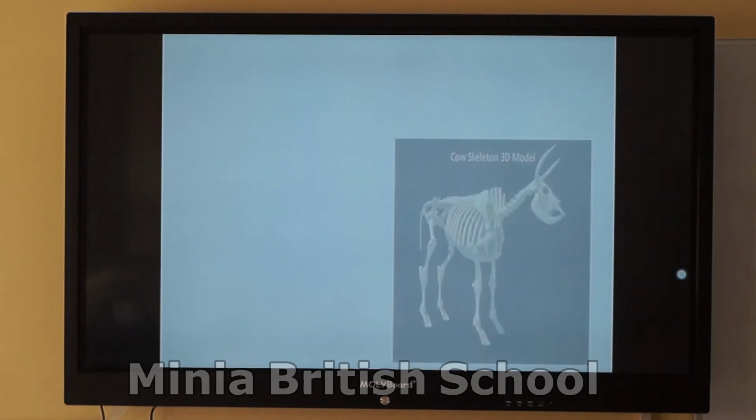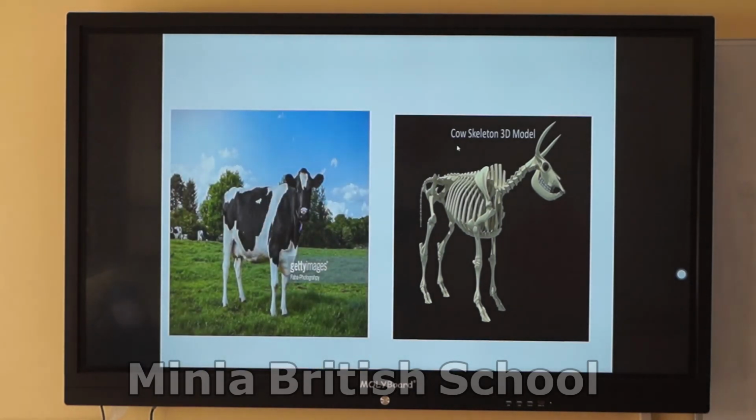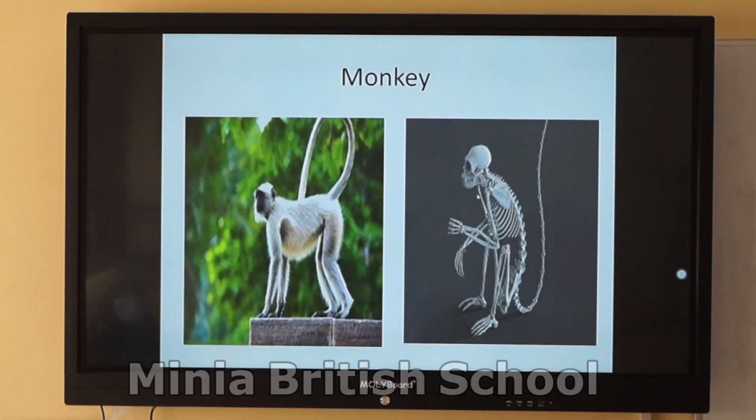Another one. Can you guess? It is a cow. Excellent. It is the skeleton of the cow. Can you tell me where is the backbone? Yes, this is the backbone. Excellent.